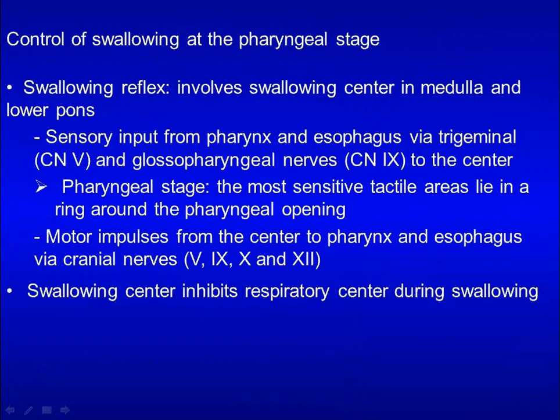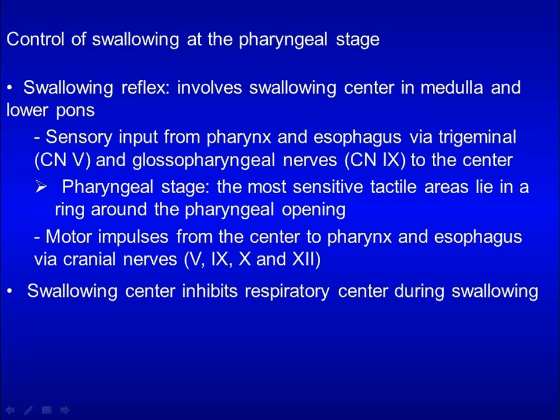Swallowing is controlled by the swallowing reflex that involves the swallowing center in the medulla and the lower pons. Sensory inputs from the pharynx and esophagus are transmitted to the swallowing center through cranial nerves 5 and 9.